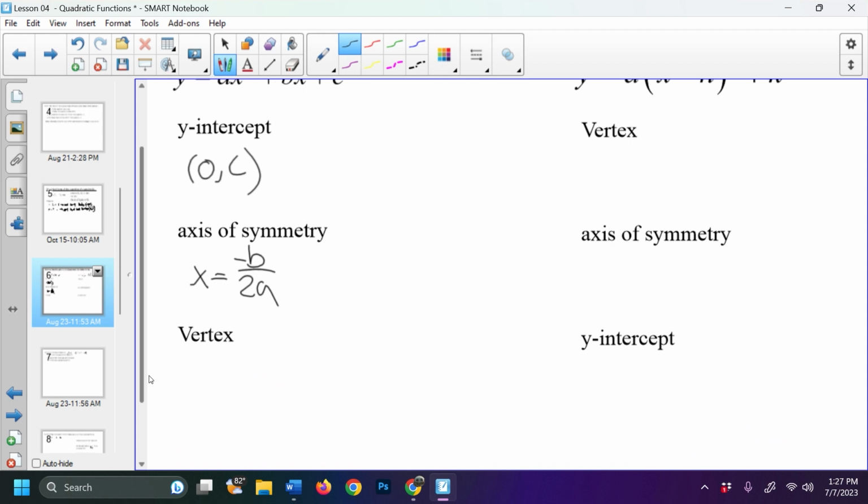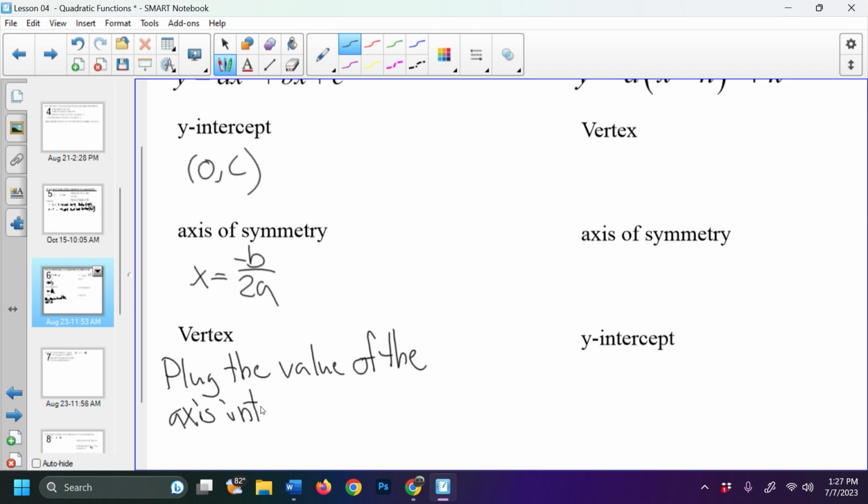And then to find the vertex, we are going to plug the value of the axis into the function to find y. And once we've done that, we will have our vertex. So it'll be whatever this value is, and then after you've plugged it in, that y value.